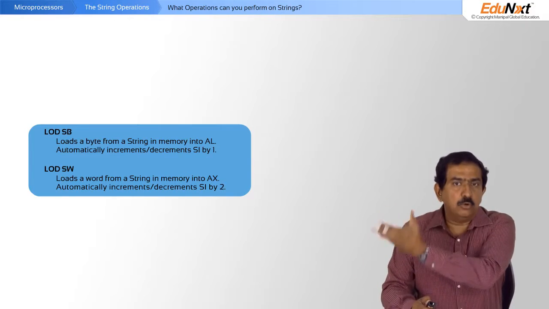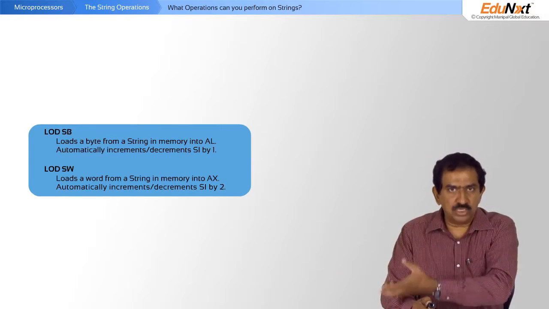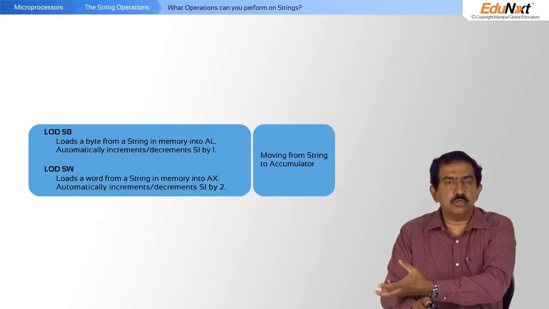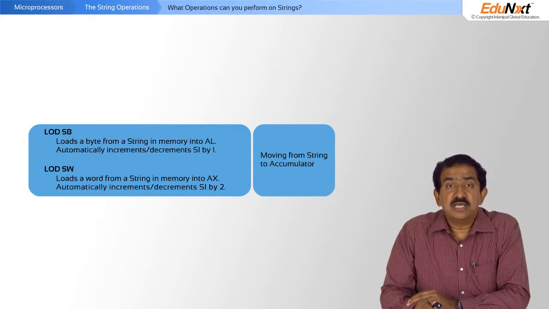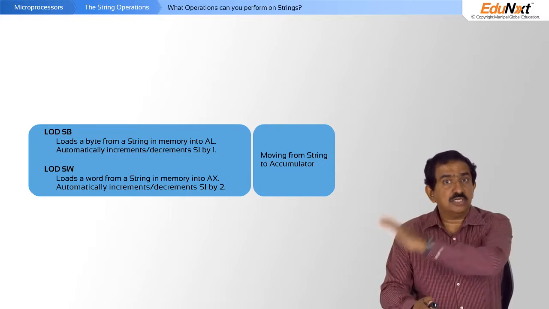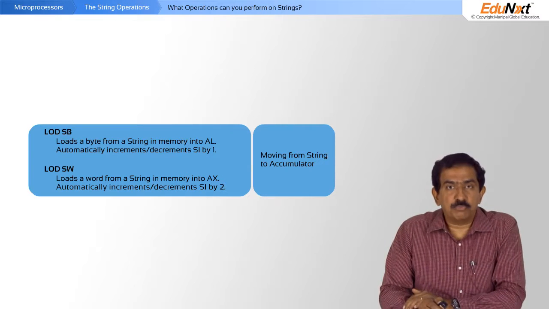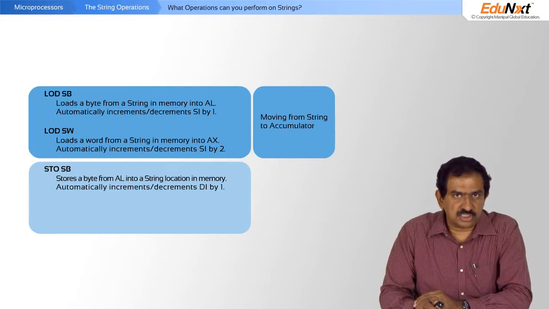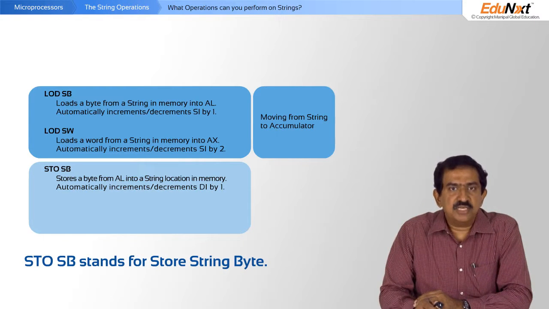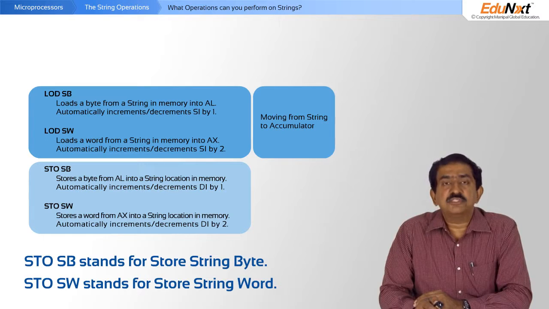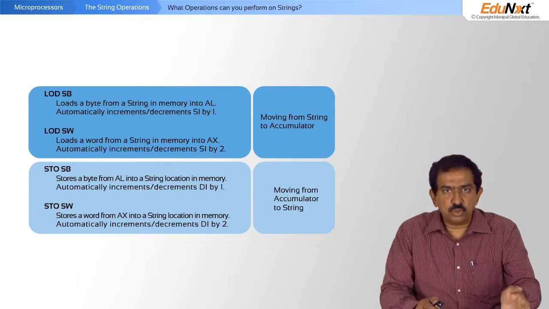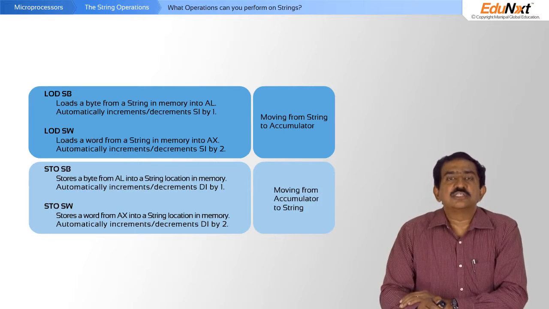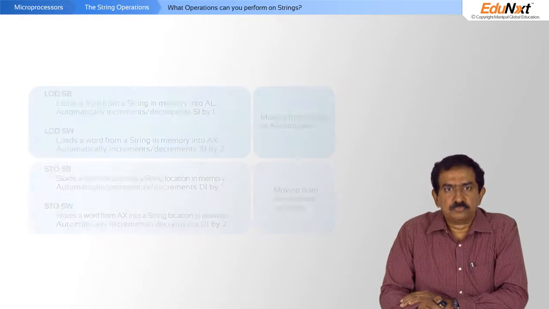So really loading byte by byte or word by word from the string location into accumulator. Similarly, you can store from the accumulator into the string location. So that is STO, which is the store instruction. STOSB and STOSW perform the same things for byte and word store from accumulator into string memory locations.